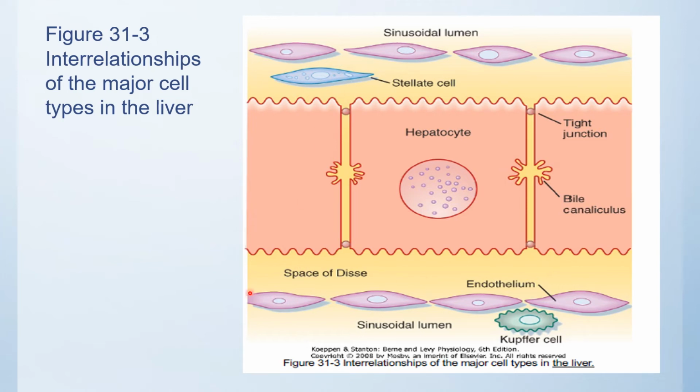This is your space of Disse, and you have your bile canaliculus with tight junctions. So what is the importance of this? In cases of infection of the liver with certain viruses or exposure to toxic substances like alcohol, which kills the hepatocytes, it activates these hepatic stellate cells to produce fibrosis.